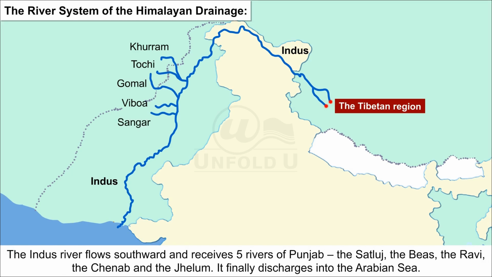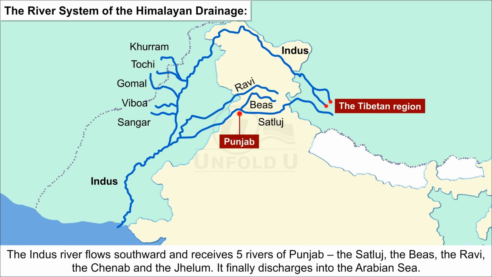The Indus River flows southward and receives 5 rivers of Punjab: the Satluj, the Beas, the Ravi, the Chenab, and the Jhelum. It finally discharges into Arabian Sea.